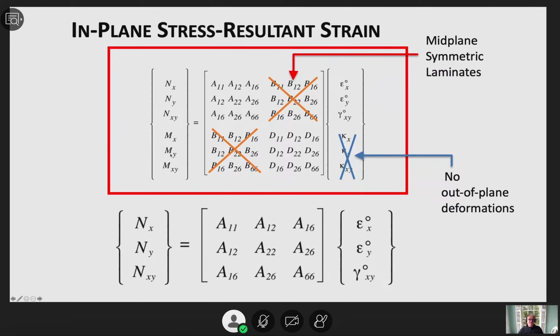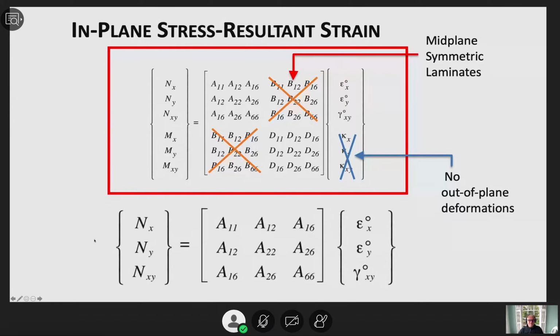So in fact, we can still have a set of equations for bending moment resultants Mx, My, and Mxy expressed in terms of the D matrix terms and kappa x, kappa y, kappa xy. But we make the other assumption that there are no out-of-plane deformations applied to the laminates, no bending of the laminates. Everything is in the plane of the laminates. So that's the second assumption that gets rid of this.